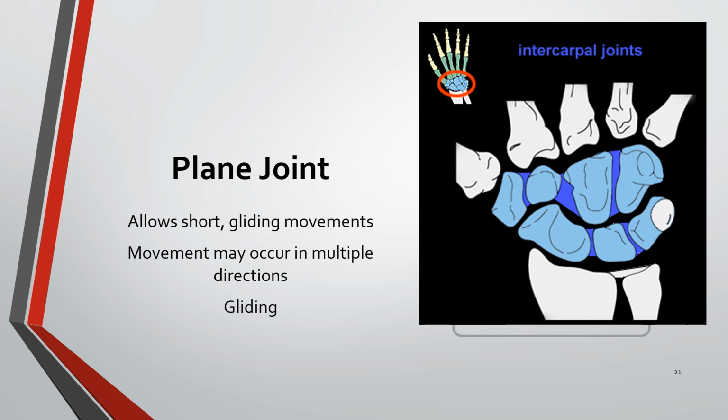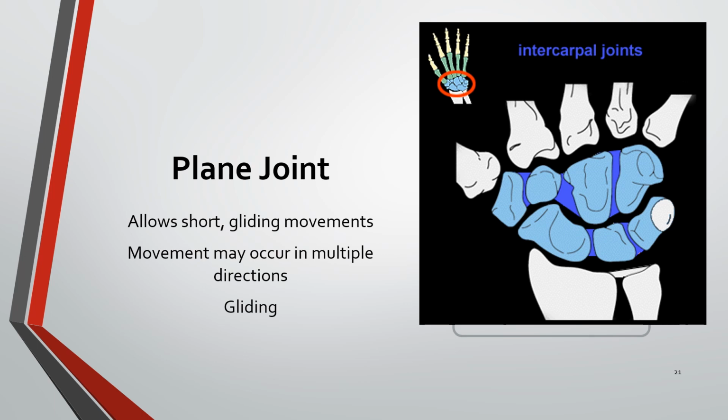Right here we're looking at the bones of your hand, the intercarpal bones. I want you to just open your hand and try to move those different joints. It's really hard to have an axial type of movement.